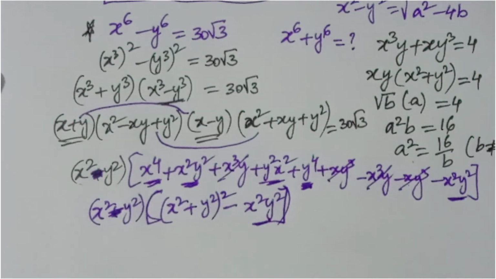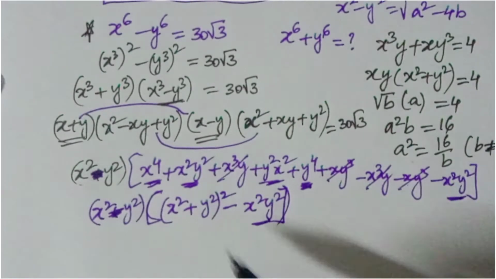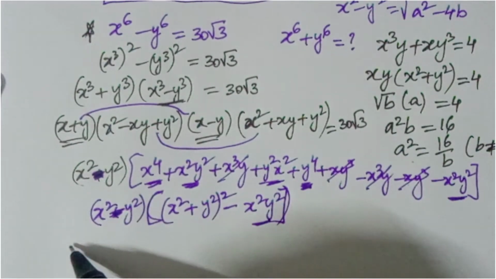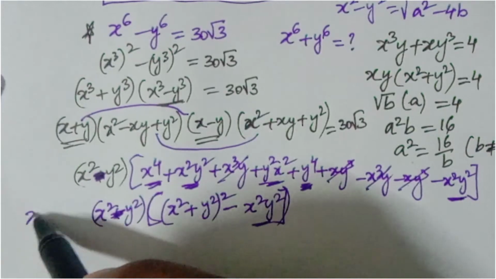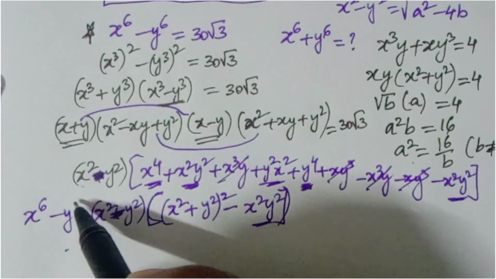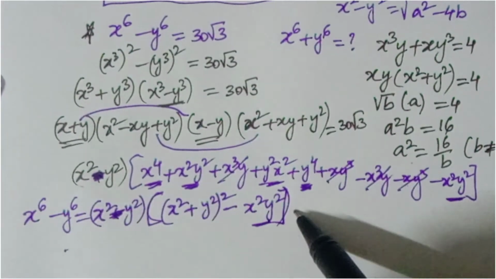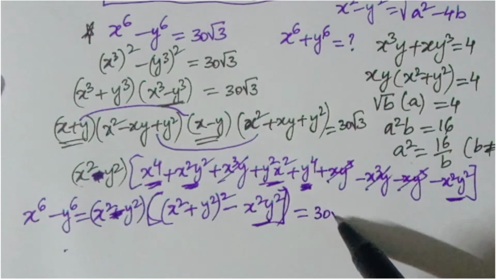Now if you write this in the form of a and b, x power 6 minus y power 6 is equal to 30 root 3.